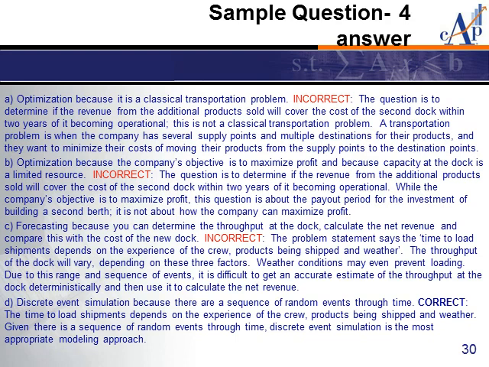Again, another argument against optimization here. But it is difficult. Due to this range and sequence of events, it is difficult to get an accurate estimate of the throughput at the dock deterministically. That really means that you have data that doesn't have any variation to it, and then you use it to calculate the net revenue. So you cannot really do it in one shot.